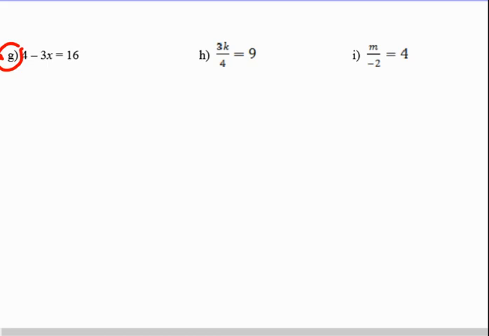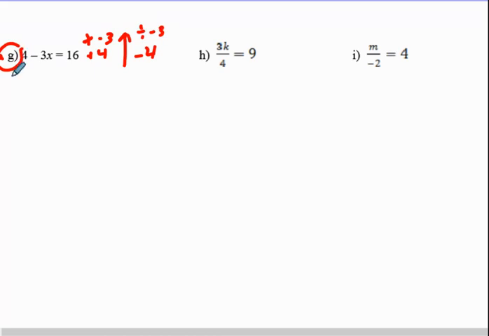All right. So again, the first thing I want to do is get that 4 away. So again, it helps me to list the functions and the operations, sorry, and then I want to do the opposite.